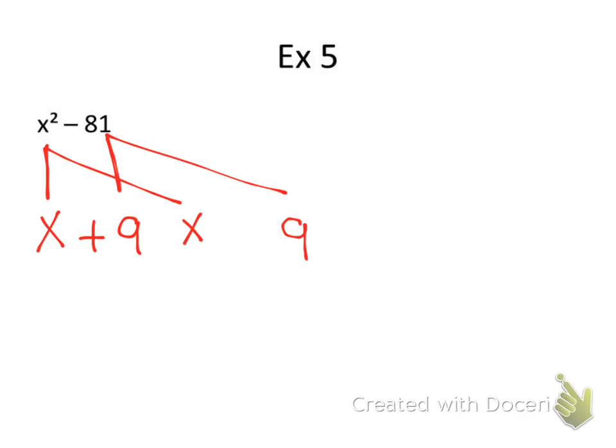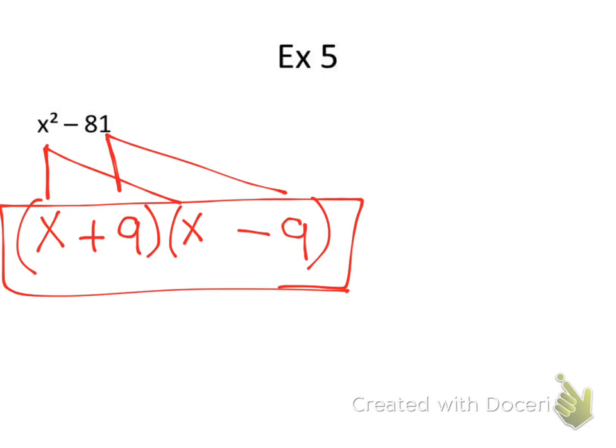One gets a plus, one gets a minus, both get parentheses. Raise your hand if you need help. Nope, if you want to do x minus 9, then x plus 9, that's fine. Okay. As long as there's one positive, one negative.